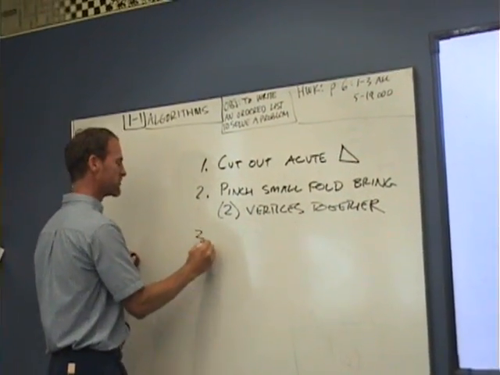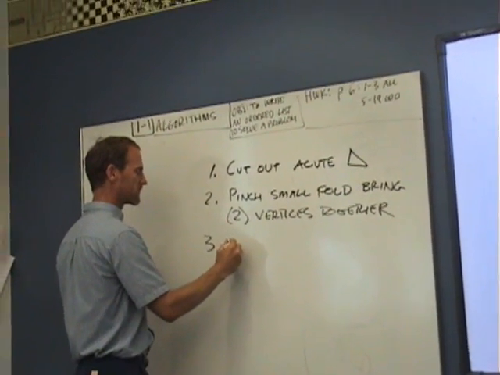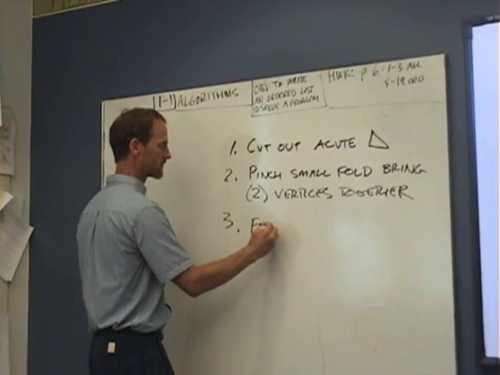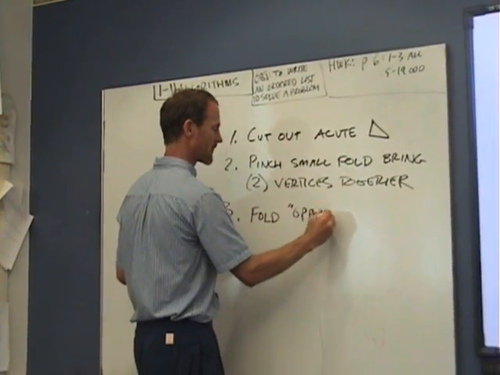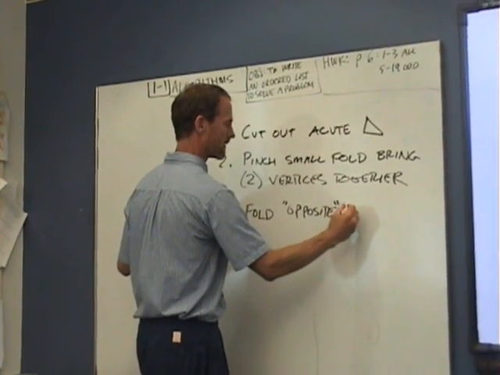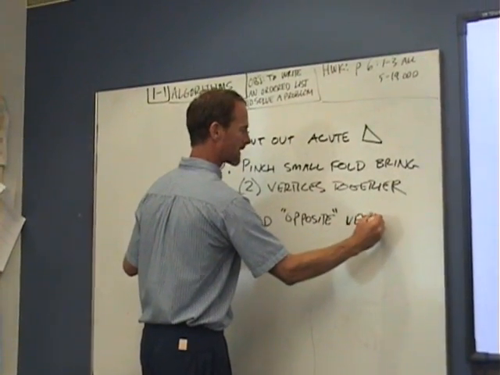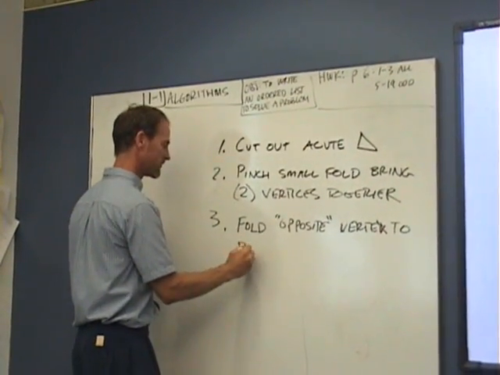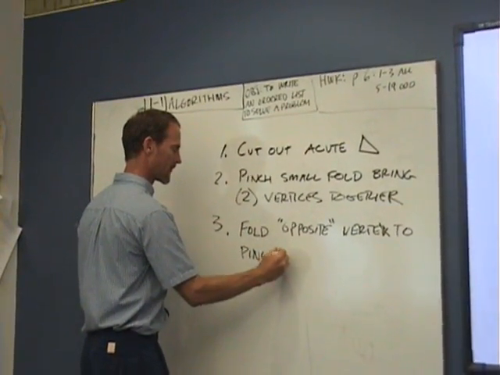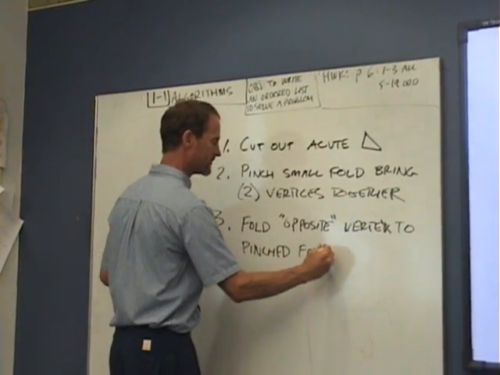And then step 3 would be fold opposite vertex to pinched fold, for lack of a better name, all right?